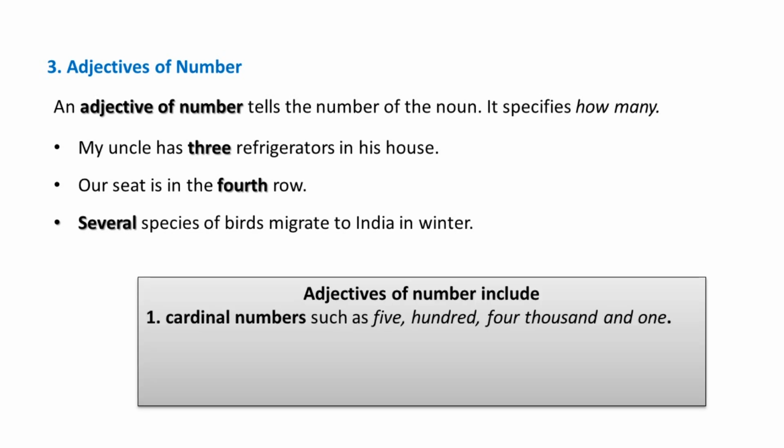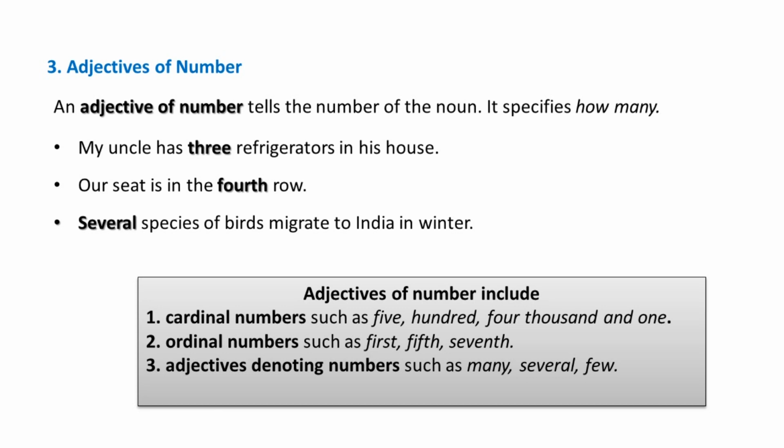Adjectives of number include cardinal numbers such as 500, 4000, 1, etc. Ordinal numbers such as 1st, 5th, 7th. Adjectives denoting numbers such as many, several, few, etc. So, in the examples given above, 3, 4, several, all these adjectives are either representing a number or denoting a number.